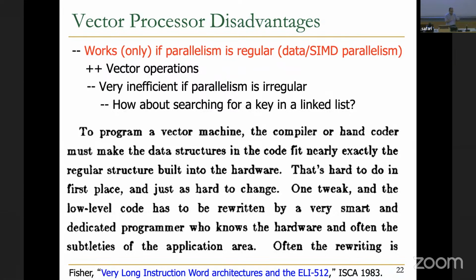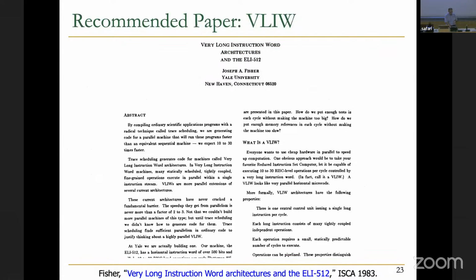But later on, we also observed that VLIW is good for some specific applications, but we cannot generalize it. Anyway, we're also going to learn about GPUs, and GPUs make some nice decisions such that you can benefit also from irregular parallelism. This is also a recommended paper for VLIW. If you are interested, you can read it.